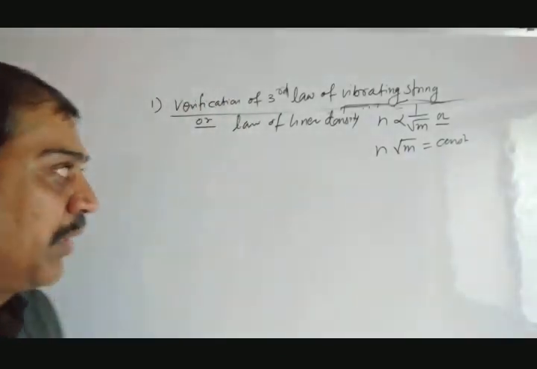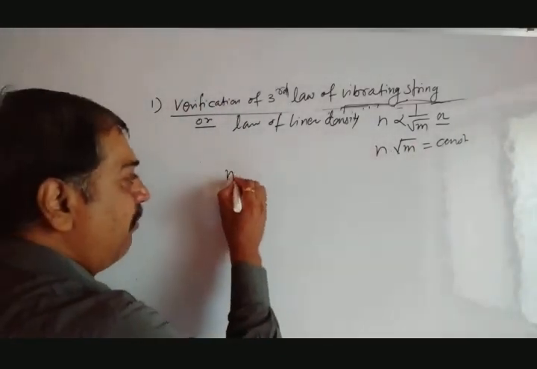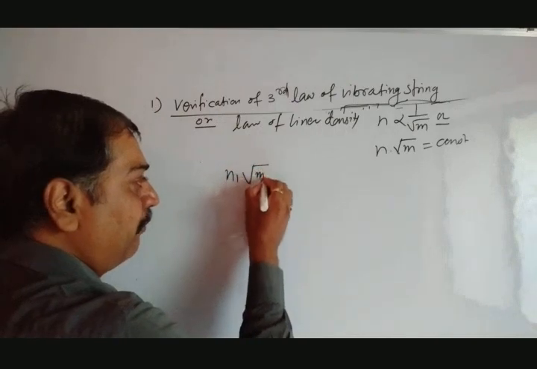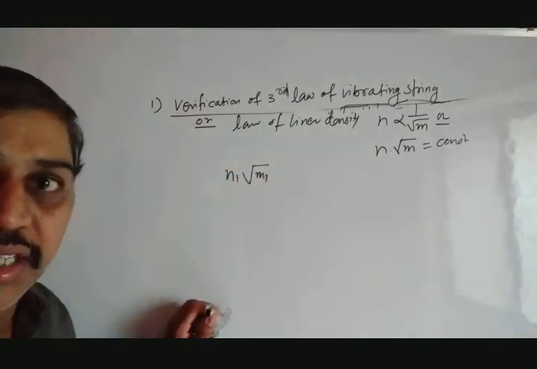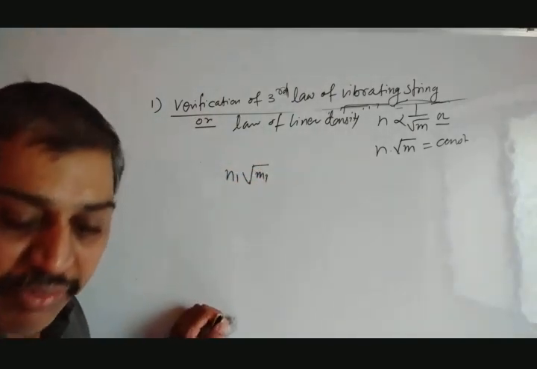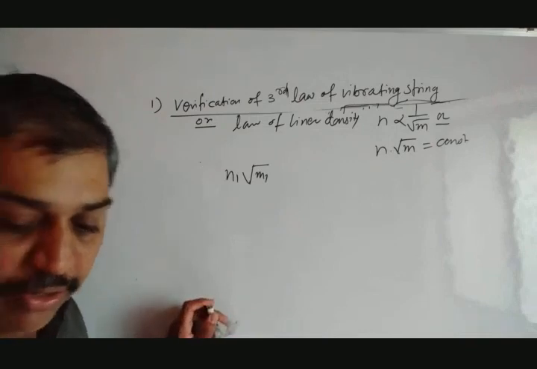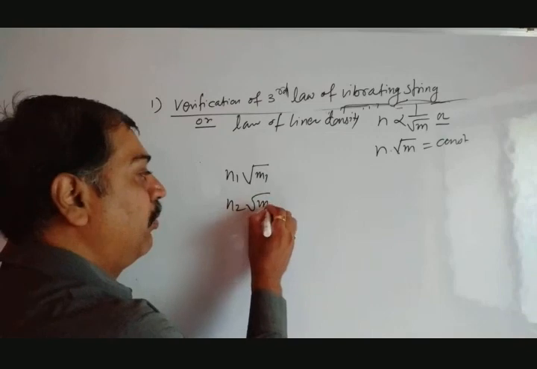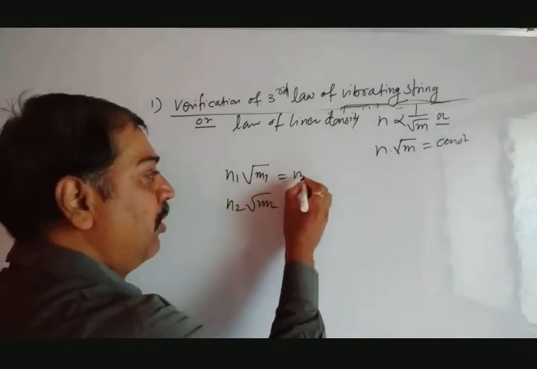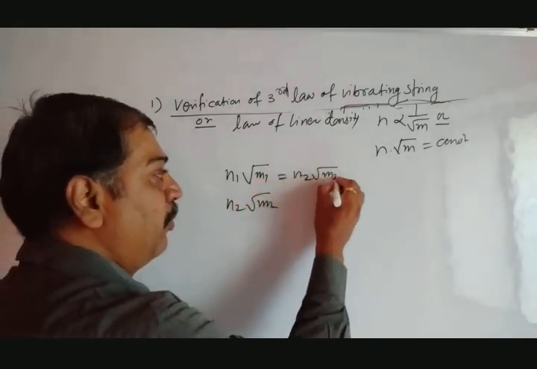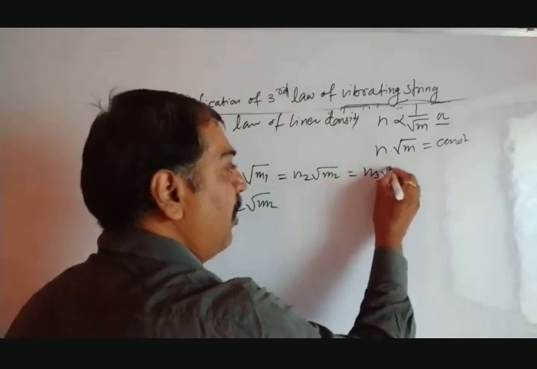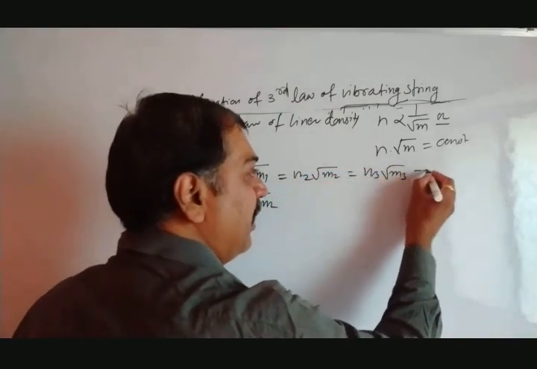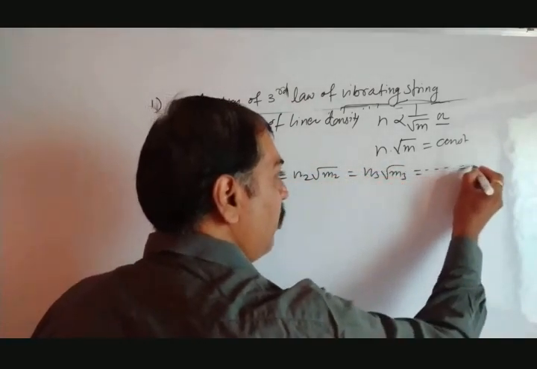So finally, you can take a reading and write here N1 square root of M1. Similarly, change the mass per unit length, change the frequency. N1 square root of M1 is the first, N2 square root of M2, N3 square root of M3, and so on. If you find out their products for different values, they come out to be constant.